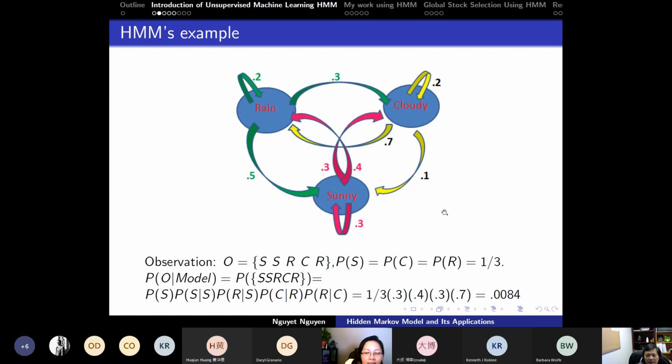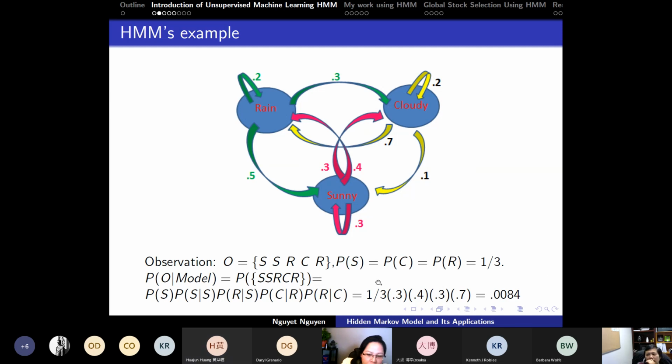After I run the model, it will give me the transition matrix, something like this, and the hidden state sequence of rainy, cloudy, sunny behind the observed temperature, based on this transition matrix and the probabilities.